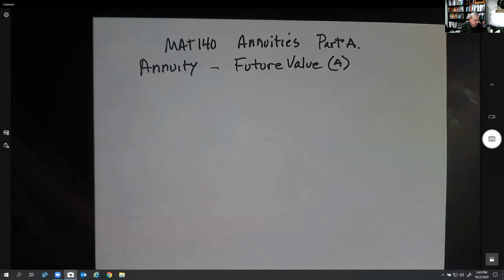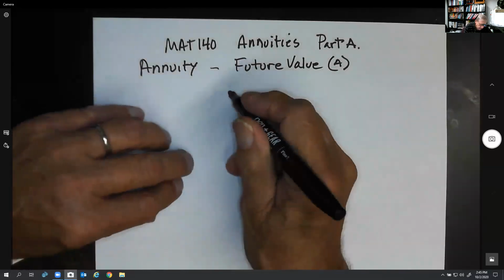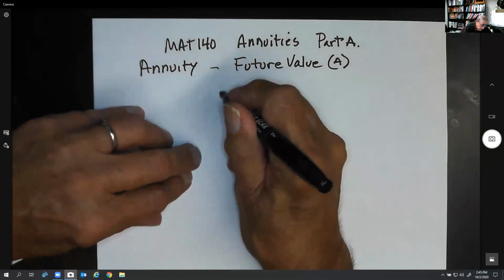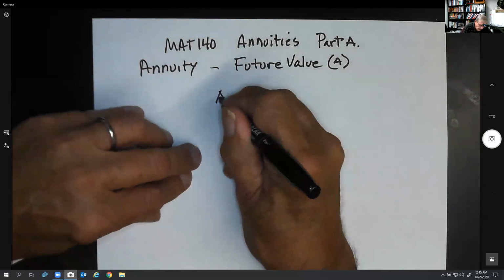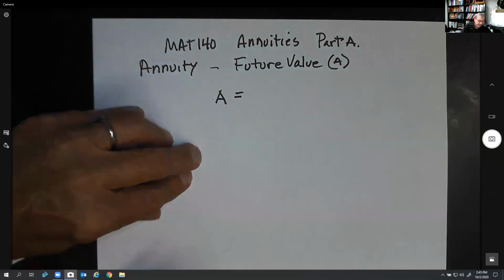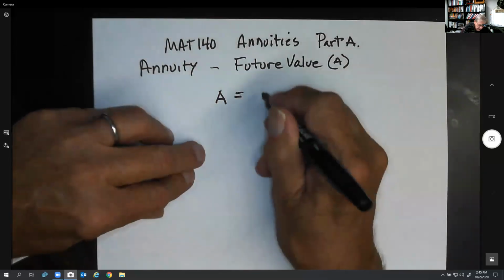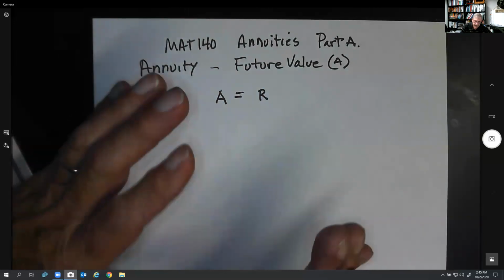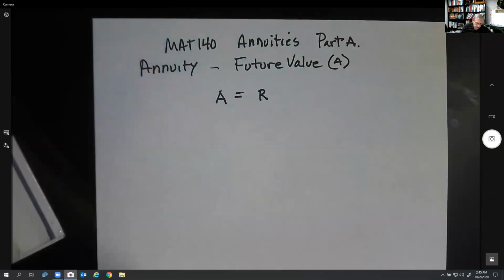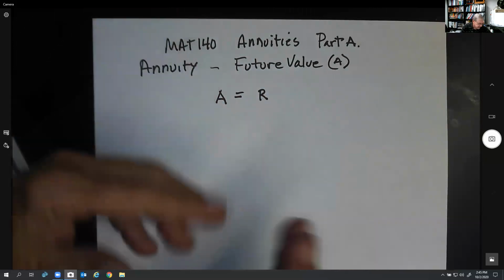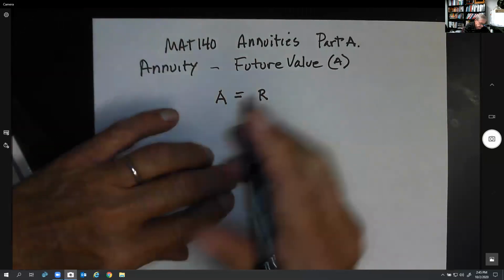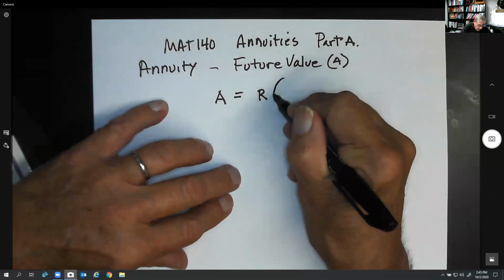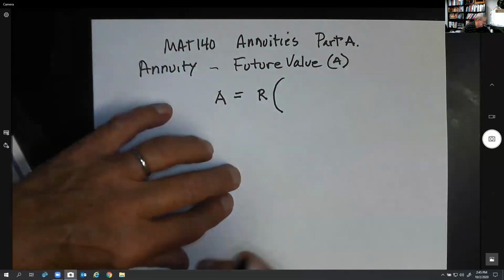Today we're going to figure out how much money you would have coming back to you. So the formula we're going to use is kind of a complicated little formula, unfortunately. A is your future value. This is how much you're going to get back. And R is how much money you're going to deposit each month. That's the amount that you're putting in each month, $80, $60, whatever it is. And we're going to multiply this by a rather complicated thing.